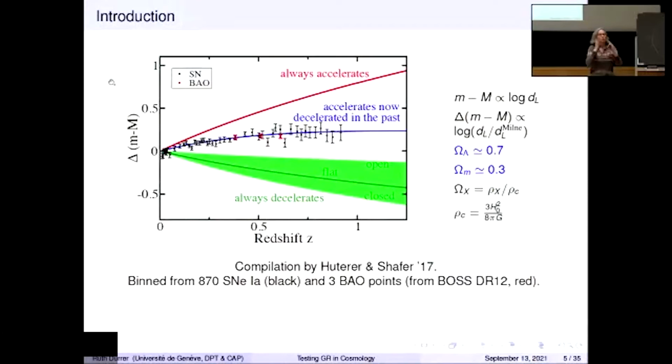If a universe only has negative curvature, but neither matter nor a cosmological constant, then you have a so-called Milne universe, and this goes here. Here we show the difference between a Milne universe and our true universe. So for the Milne universe this difference is of course 0.